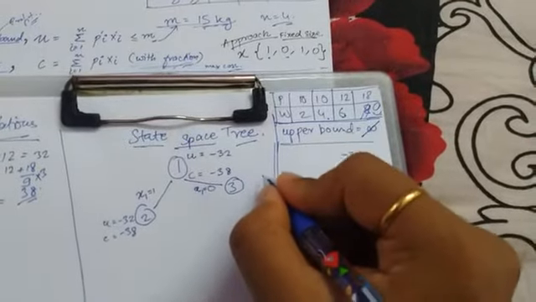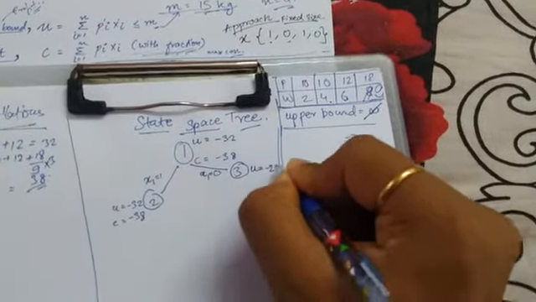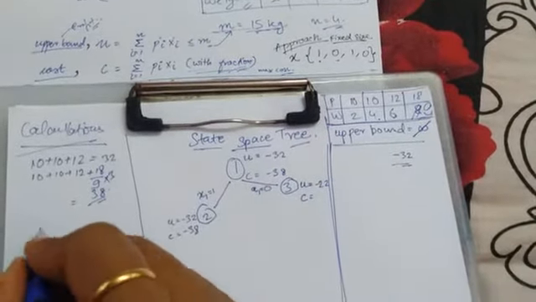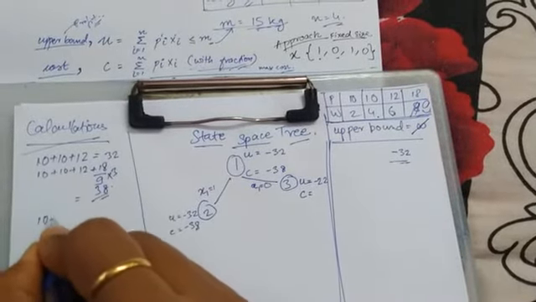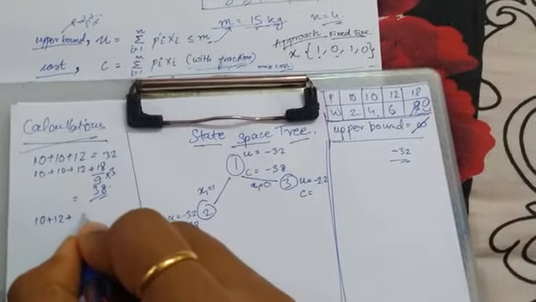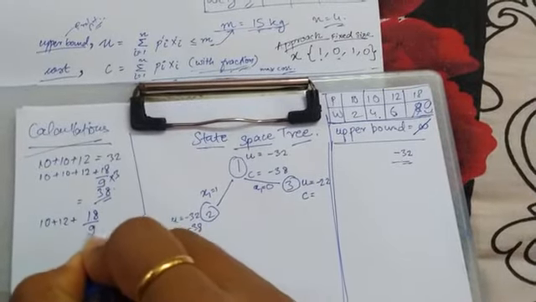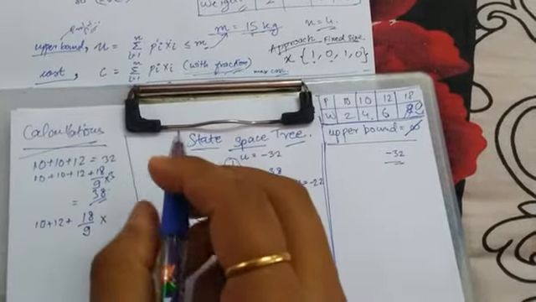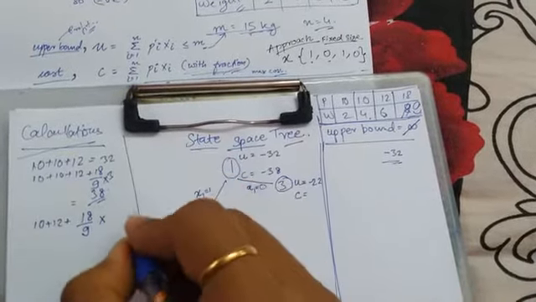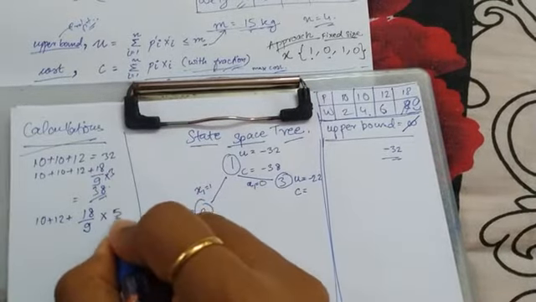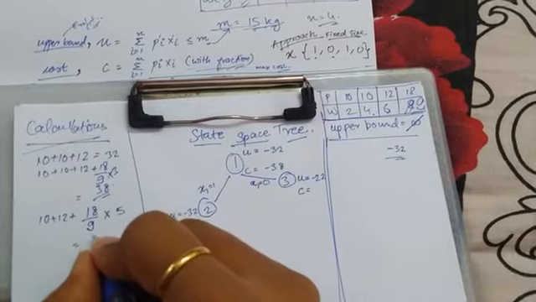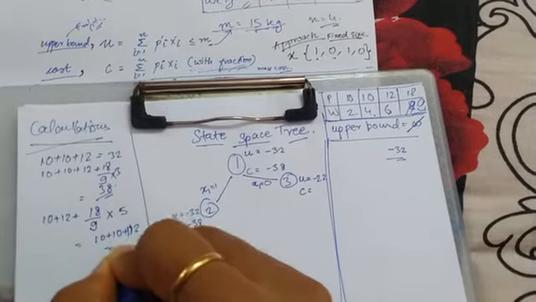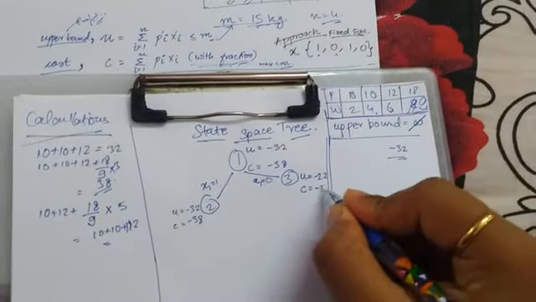So the upper bound will be minus 22 and the cost will be, let us calculate it, the cost will be 10 plus 12 plus 18 by 9 into how much we are taking out of it, 5 kilos, 5 by 9, this one is equal to 10 plus 10 plus 12 is equal to minus 32. So the cost here will be minus 32.